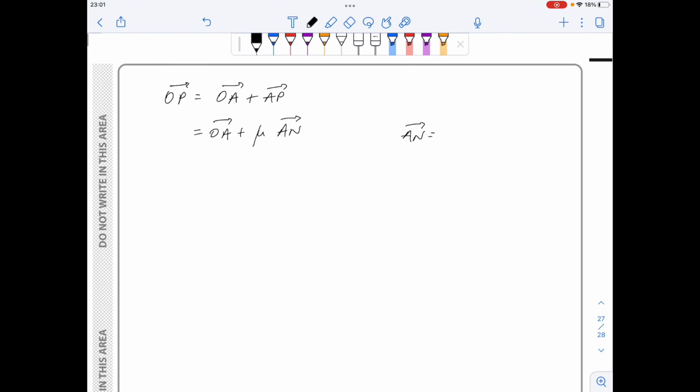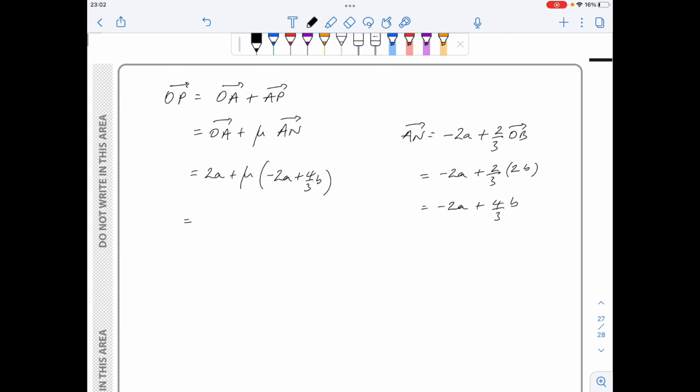So AN is minus 2A plus 2/3 of OB. This is minus 2A plus 2/3 of 2B. And if I simplify, minus 2A plus 4/3 of B. So if I go back to P, I get OA, which is 2A plus nu times minus 2A plus 4/3B.